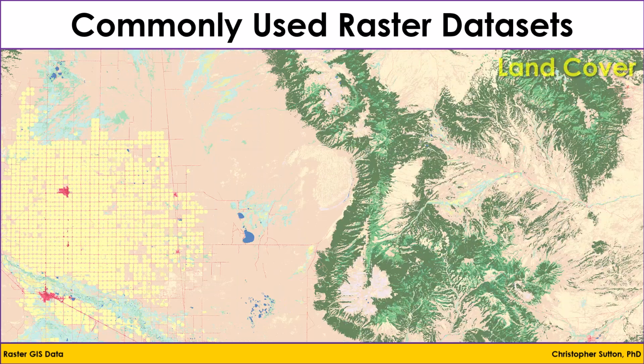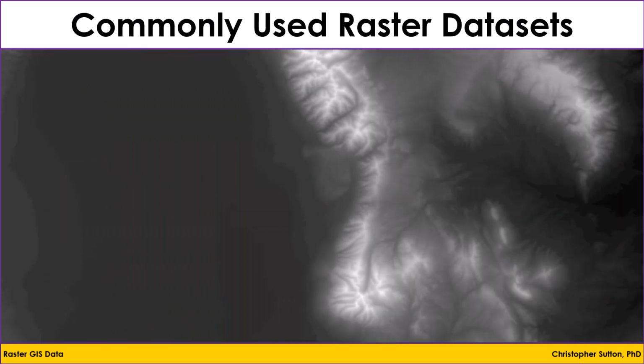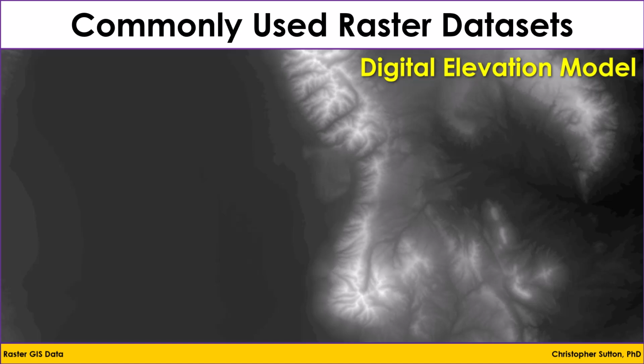Land use and land cover datasets classify Earth's surface into categories such as forests, urban areas, water bodies, and agricultural land. Elevation data is represented in raster format as digital elevation models, or DEMs. DEMs are used for terrain analysis, hydrology, and 3D modeling. DEMs frequently are used to create other raster datasets.